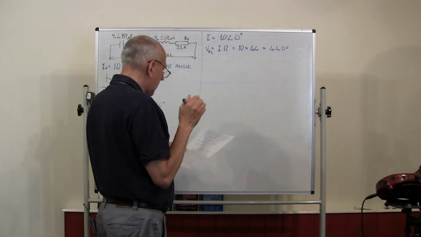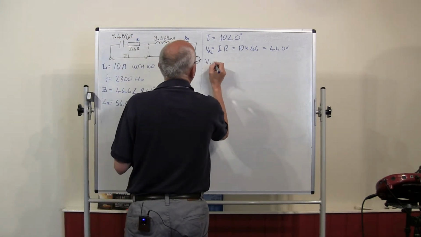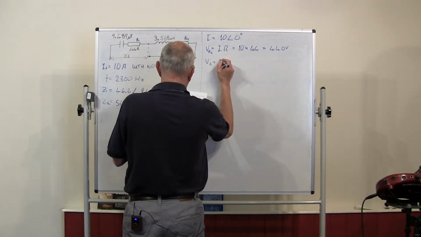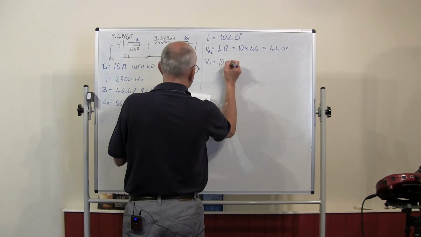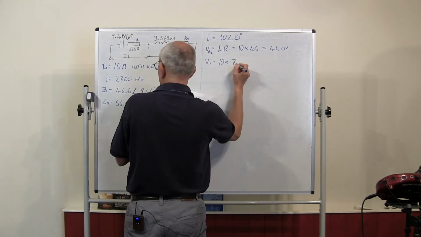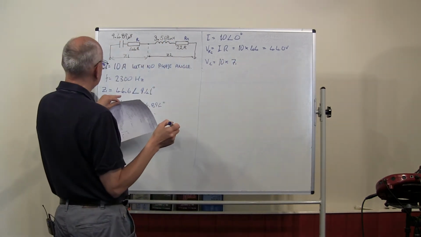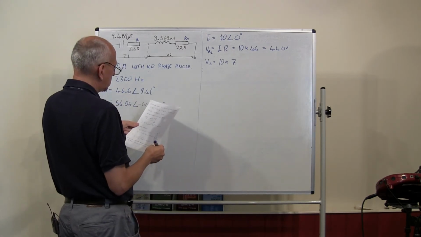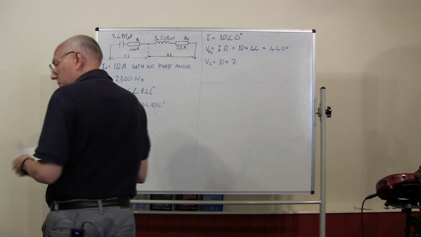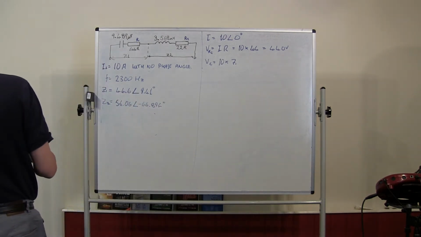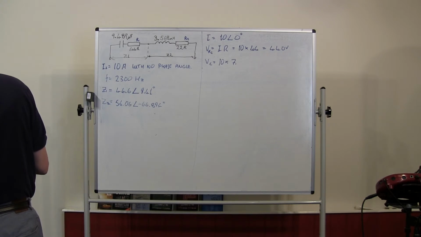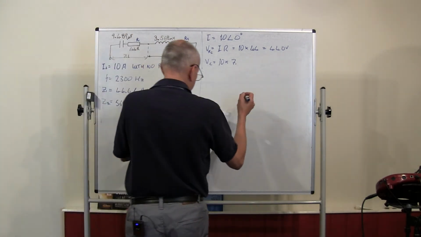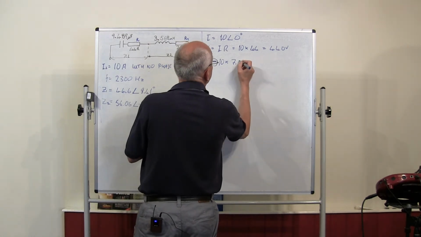And the VC, still got 10 amps going through it as well, so that's 10 times 7.29.